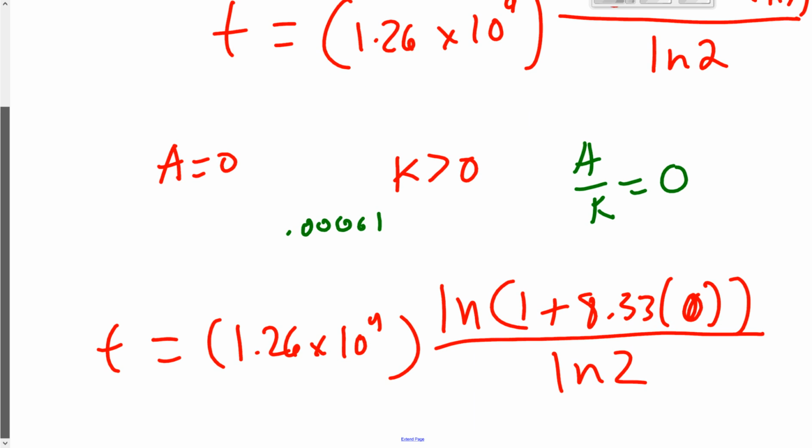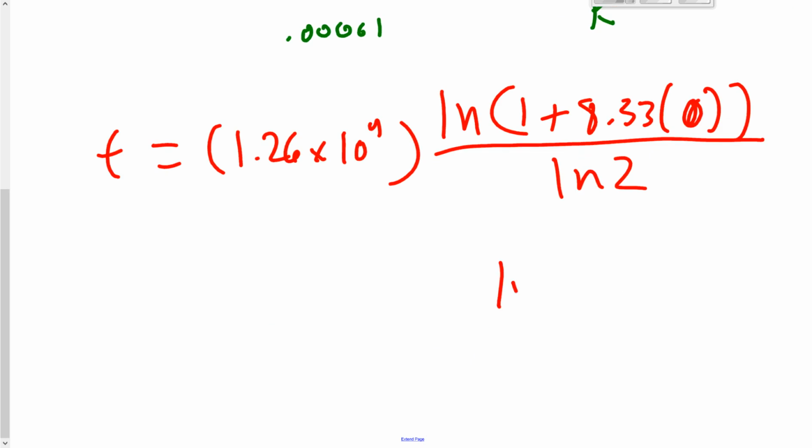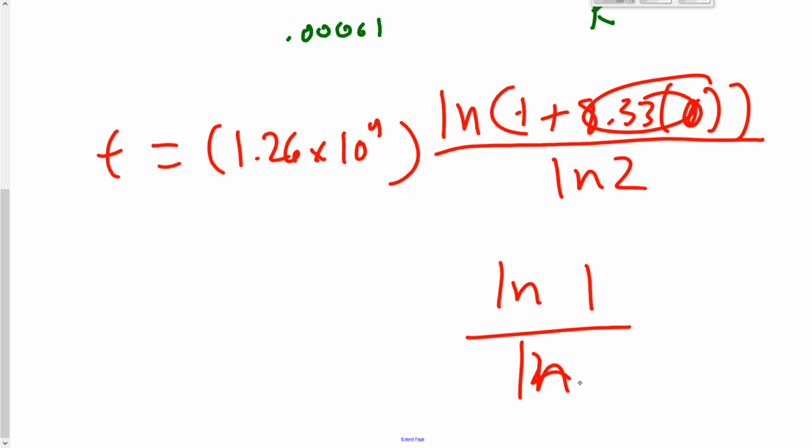So this is going to be ln of 1, because this is 0, and 1 plus 0 is 1. So we're going to take ln of 1 over ln of 2. And remember, ln of 1, we haven't talked about this before. We know ln of e equals 1, but what does ln of 1 equal?